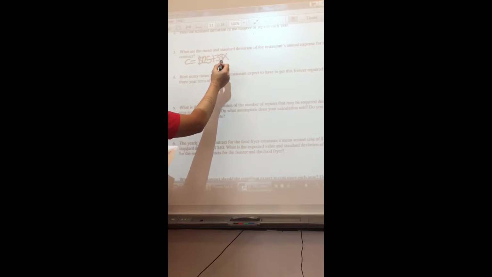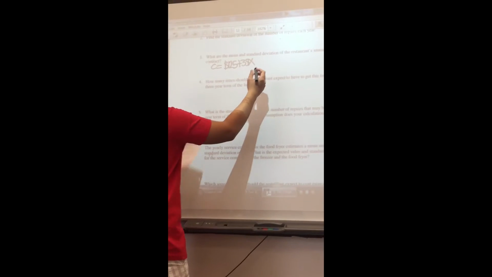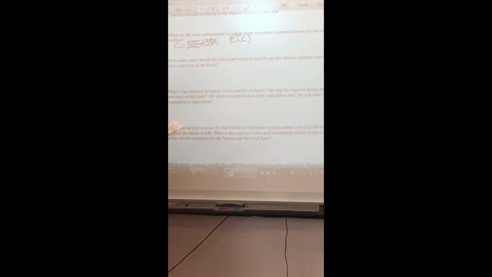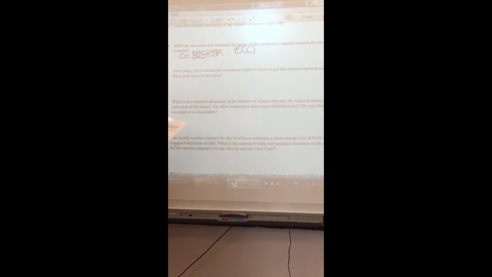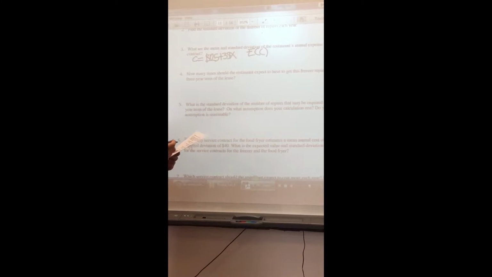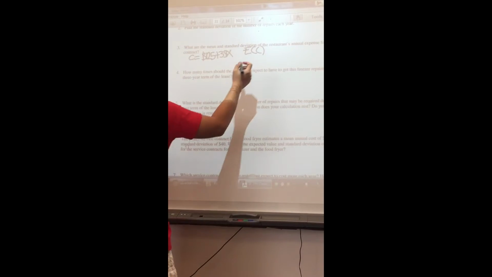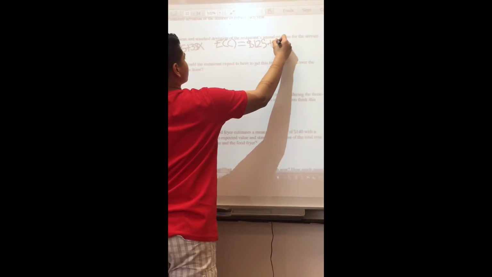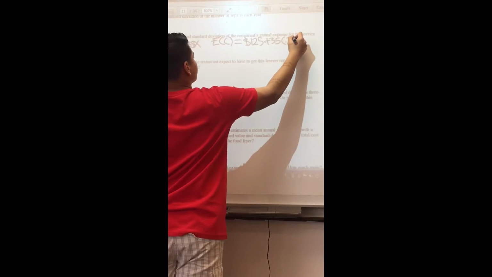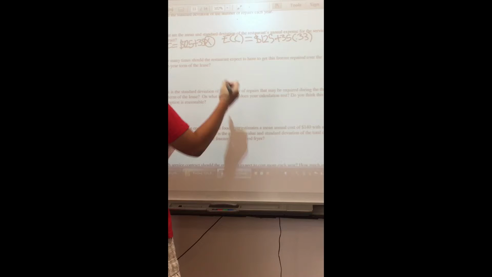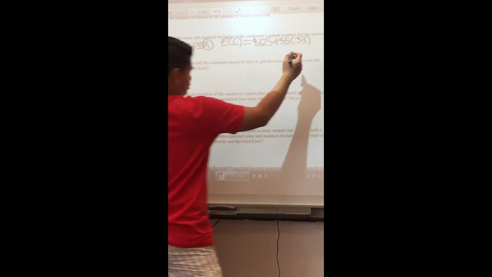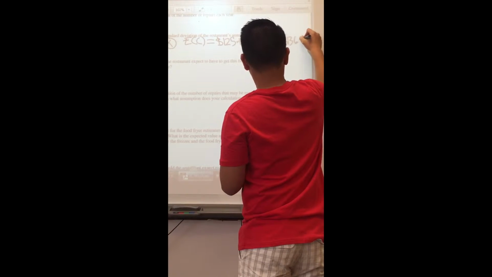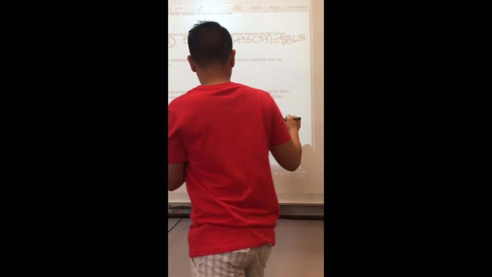So expected C is going to be 125 plus 35 times 0.33, based on number 1, the expected number of repairs, that's X. You should get 136.55.